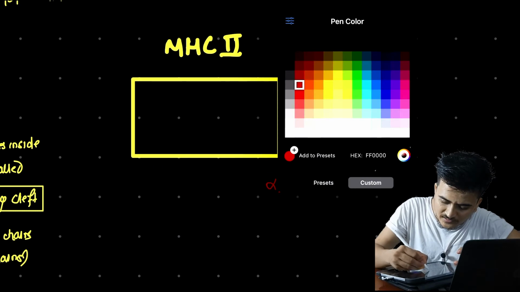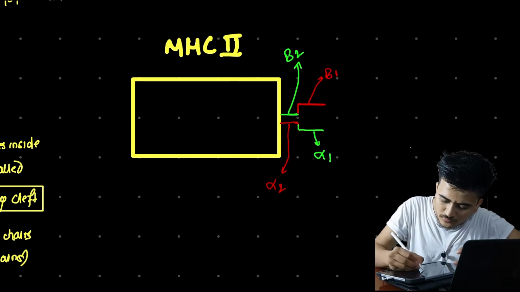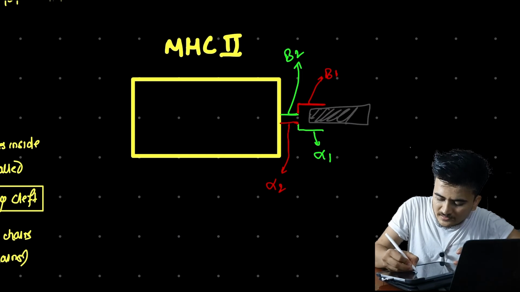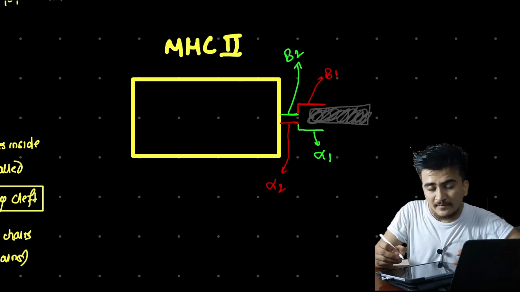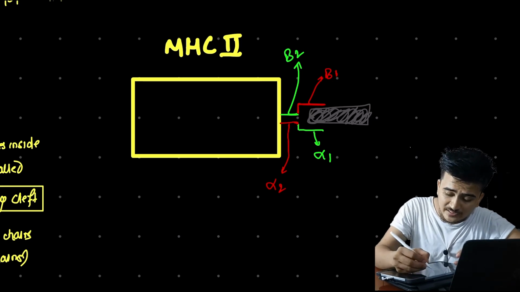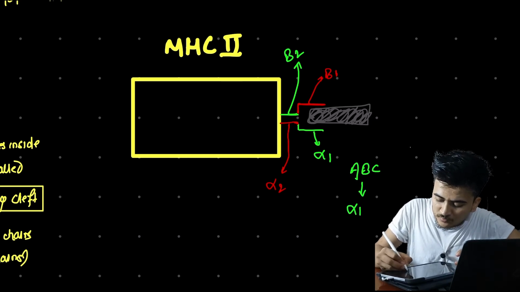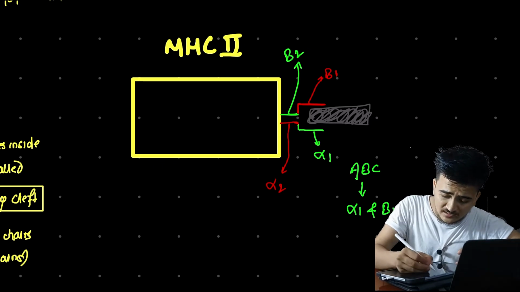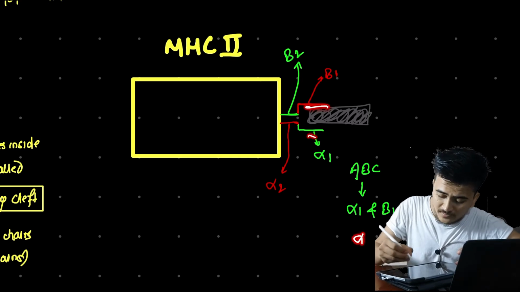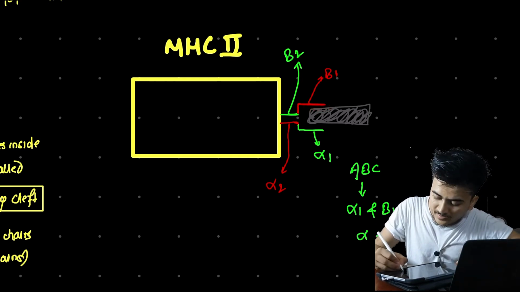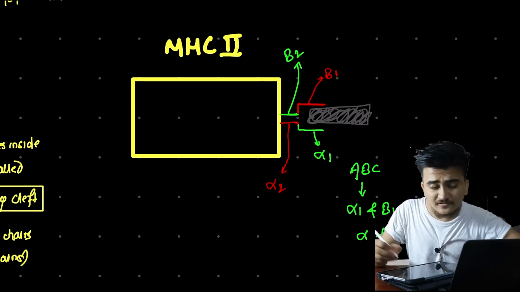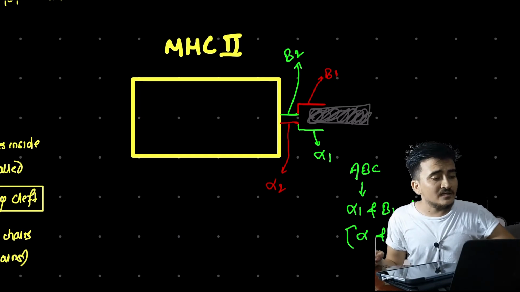Similarly, here we have drawn one antigen, and this antigen is going into the MHC, the antigen binding cleft. And in the case of MHC 2, we can see that this ABC is made up of alpha 1 and beta 1 chain. And since these are also far from each other, we can say alpha and beta distal chains. That is the difference between MHC class 1 and MHC class 2.